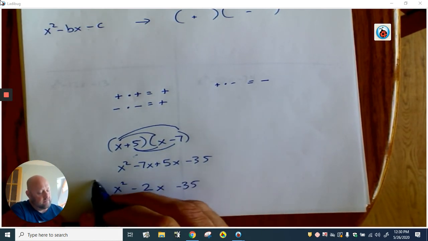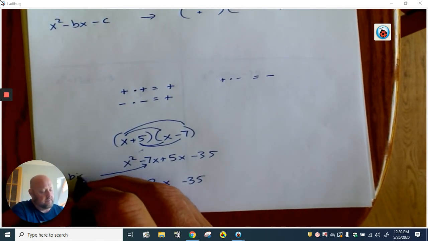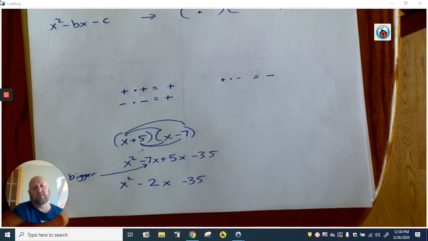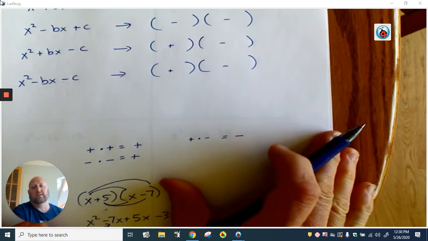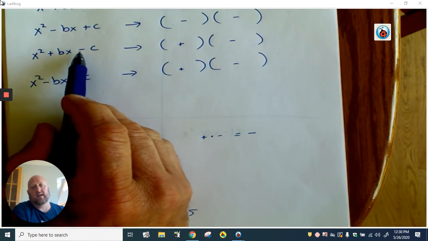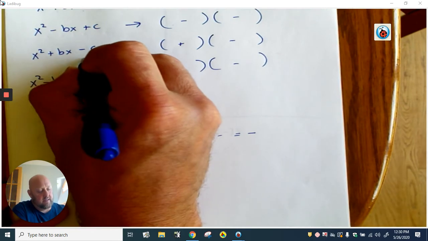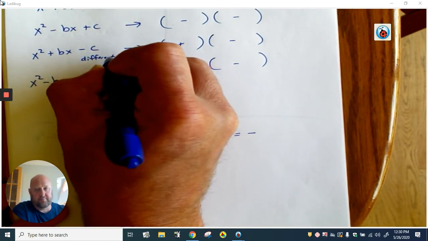So this is how I end up with a negative. And basically what happened was that negative was the bigger value, right? Because that's why it stayed negative. So basically, I can look back up here and say, if I have a negative C value, I know they have to be different, right? That tells me my signs have to be different.